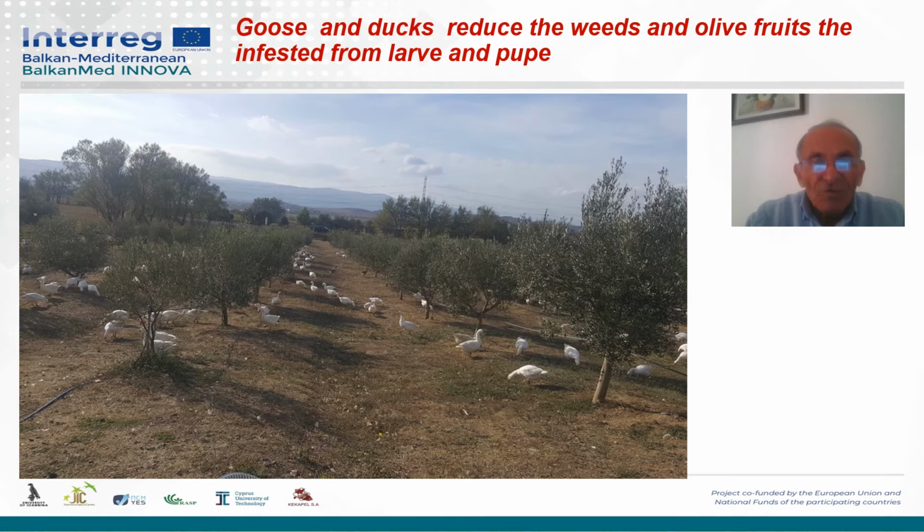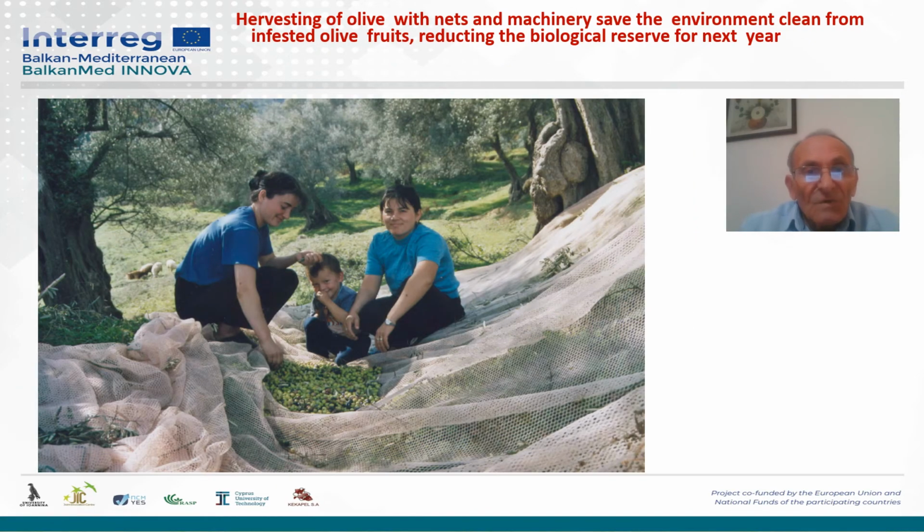This reduces the biological reserve for next year. As we mentioned before, harvesting olives with nets and machinery keeps the environment clean from infected olive fruits, reducing the biological reserve for next year.